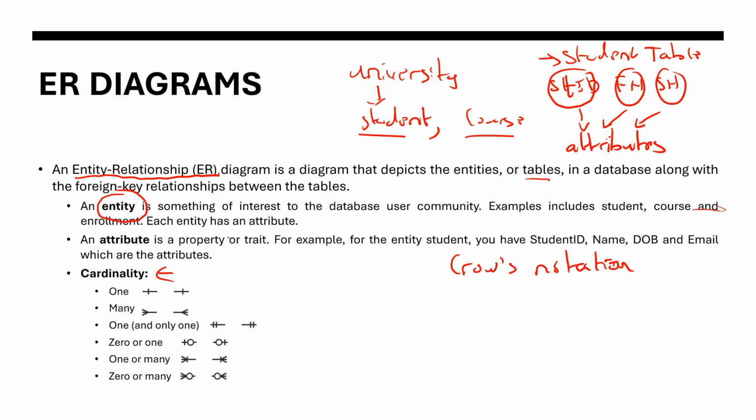The cardinality expresses the relationship between the different tables in a little bit more detail. For example, there is a cardinality of one that we will generally draw like this. There is a cardinality of many that we draw as you are seeing here. There is a one and only one cardinality that is like this. The zero or one cardinality, which is this. The one or many cardinality, which is this. And the zero or many cardinality, which is this.